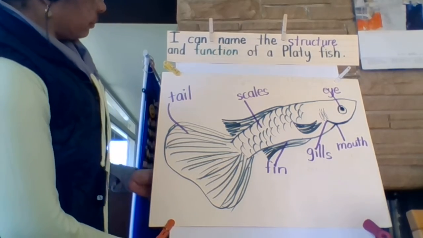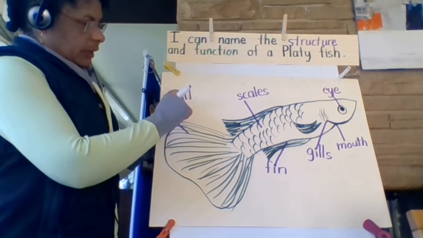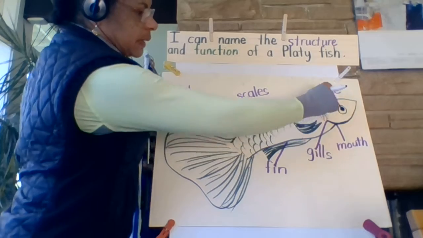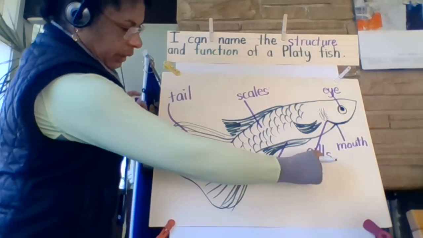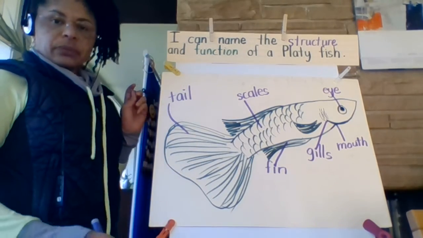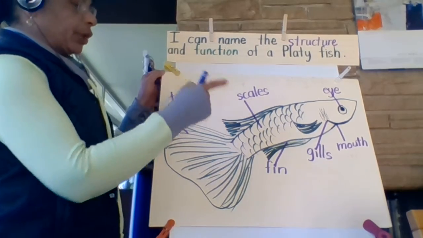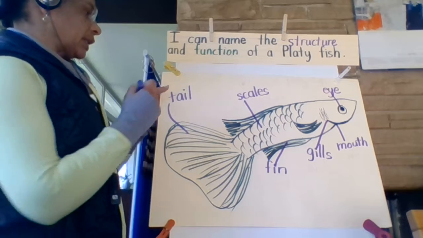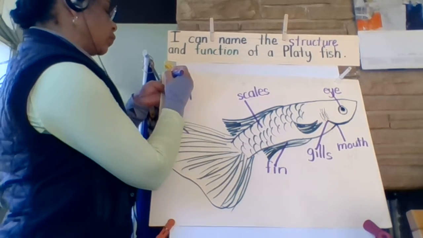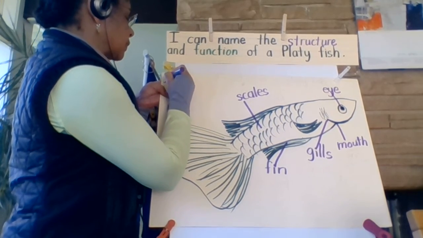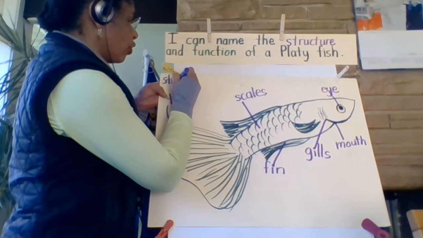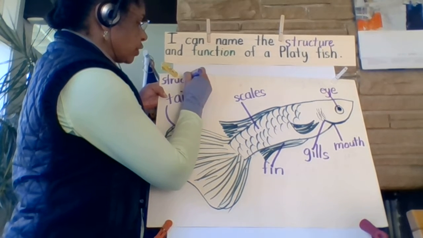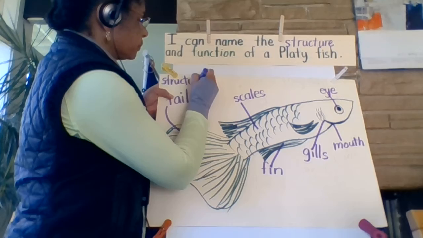Okay, beautiful. So the tail, scales, eye, mouth, gills, and fin are the body parts that we are going to be learning in our science unit. And this is what we call structure.